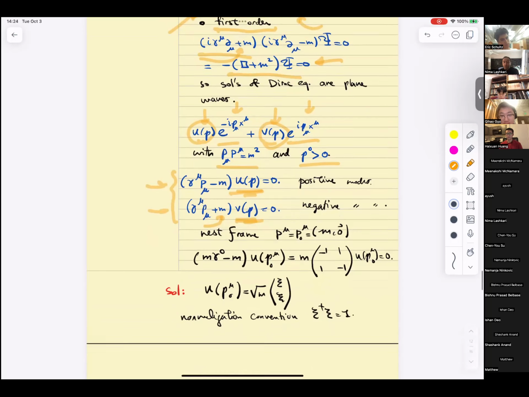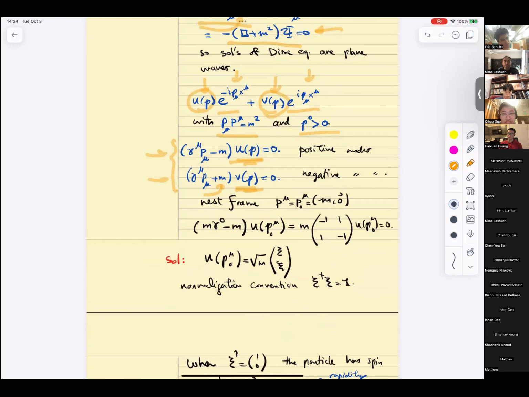All right, so because we want to simplify our lives, let's go sit in the rest frame. This is a massive particle, massive spinor, so it's m and 0. I'm going to treat these 2 equations separately. I'm first going to look at the positive mode. Because gamma 0 is the only non-zero Dirac matrix you have in the rest frame, this is your equation.